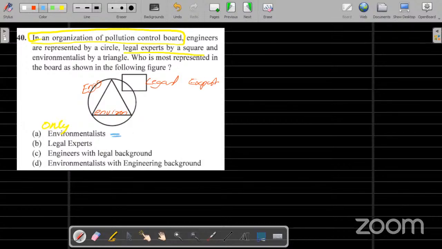So we need to find out the most represented area. No one. Legal experts means only legal experts.